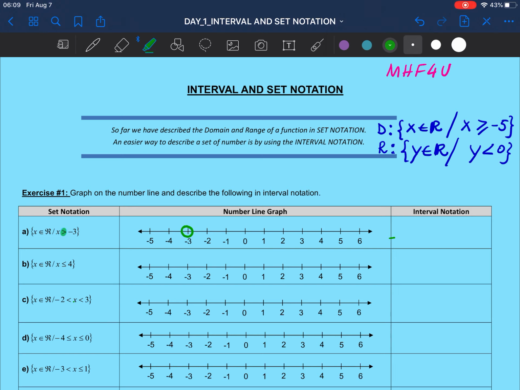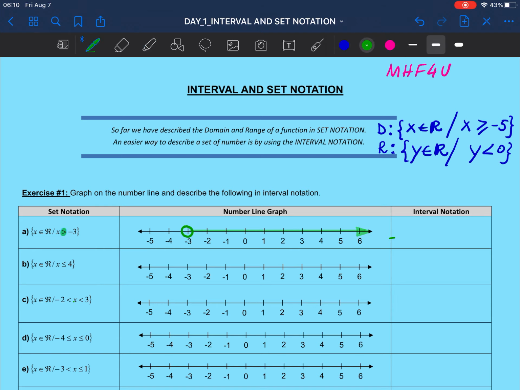That's because -3 is not included in the set of numbers. The x values have to be greater than -3 but not equal to, and that's why this is an empty circle. And then the rest of the numbers that are bigger than -3 are to the right of -3. So we'll describe them by this line and the arrow at the end.